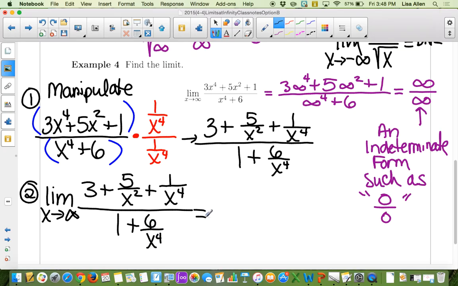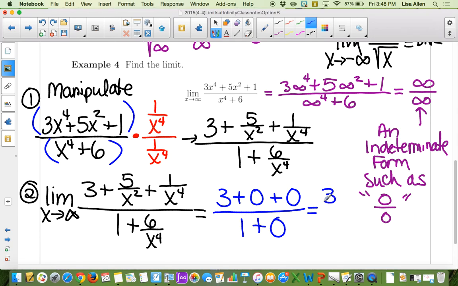As a result, we get 3 plus 0, because the limit of 5 over x squared is 0, plus 0 over 1 plus 0, which turns out to be 3 over 1.